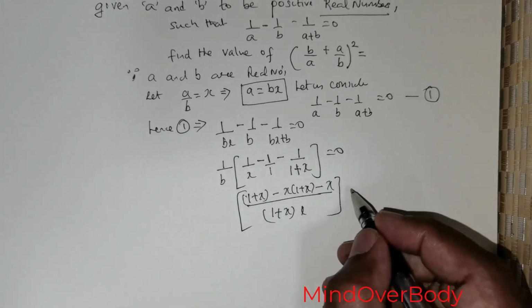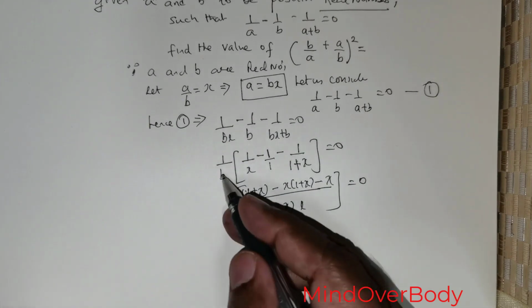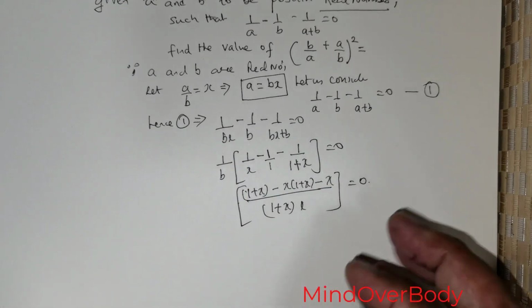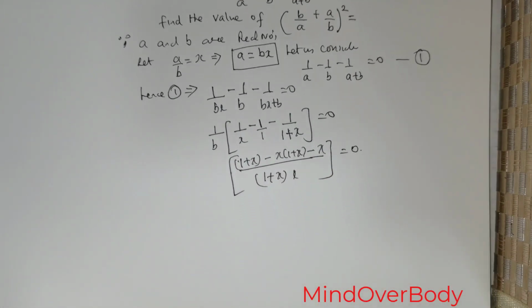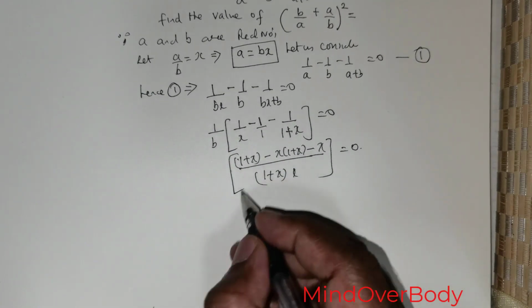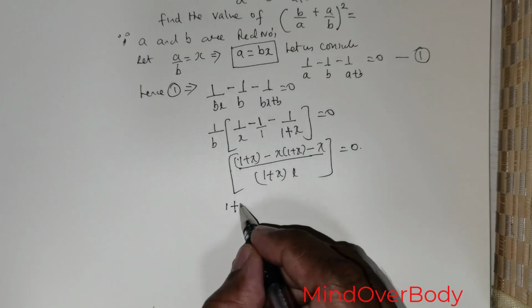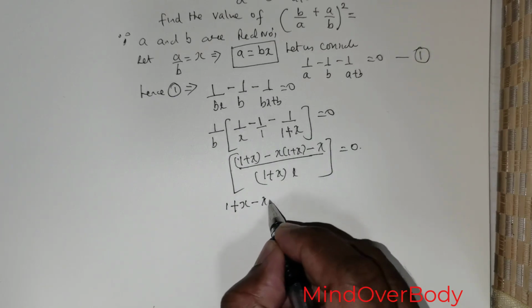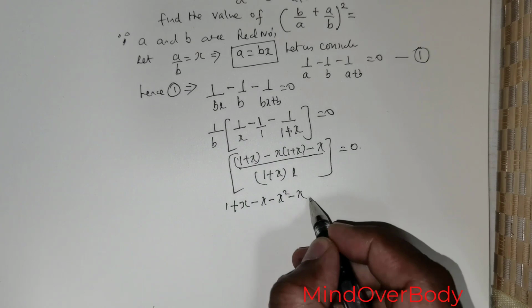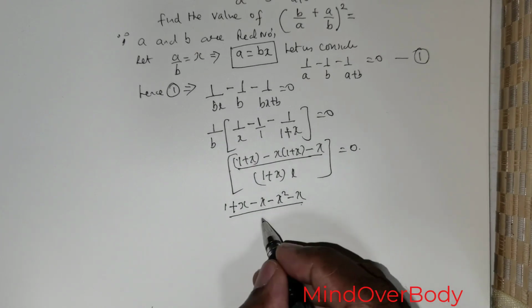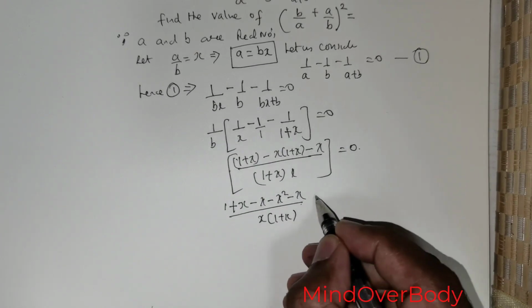So this is equal to 0. And cross multiply: 0 times B, and B gets absorbed or vanishes. So rewriting, this is going to be 1 + x − x² − x, divided by the denominator x times (1 + x), is equal to 0.